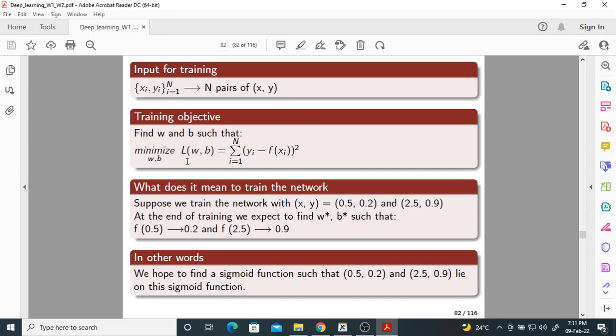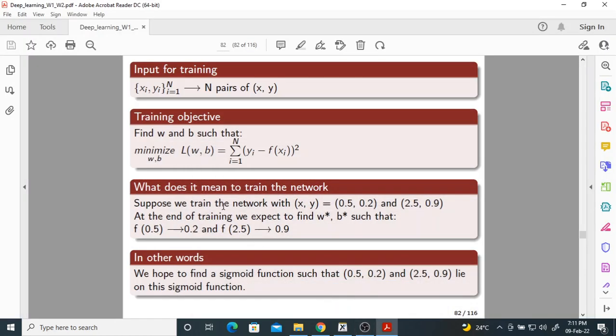Everything depends upon how perfectly you are learning these parameters W and B. If you learn them properly, the loss function will be very small. Otherwise, the loss, or error, will be more.